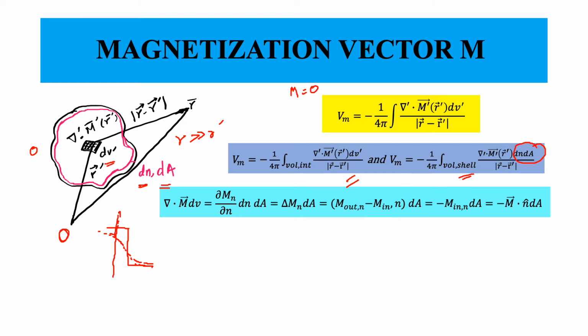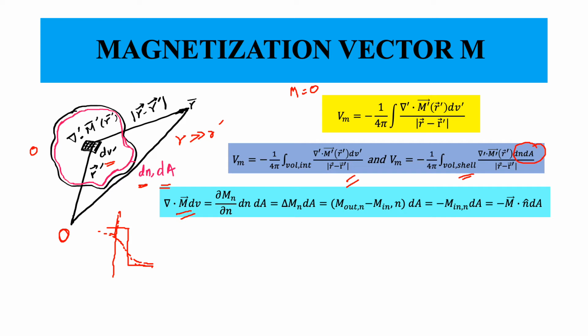Del dot M dV. And if you remember, what is a divergence? Divergence is essentially del dot M. So you are looking at how the normal component of M changes as you go along the normal to the surface. We are always interested in the normal component.